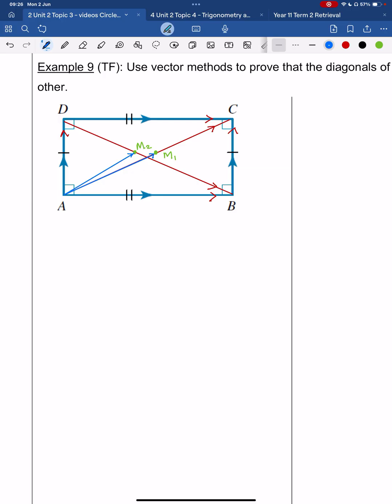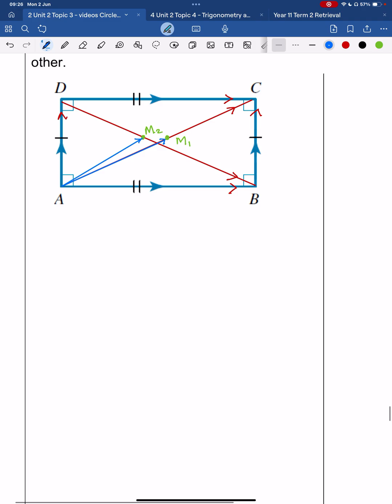All right, let's have a look at how we're going to do this. We've been given that ABCD is a rectangle. Now what that tells us, because of the properties of a rectangle, is that DC equals AB and AD equals BC, and that all of my angles at my vertices are 90 degrees.